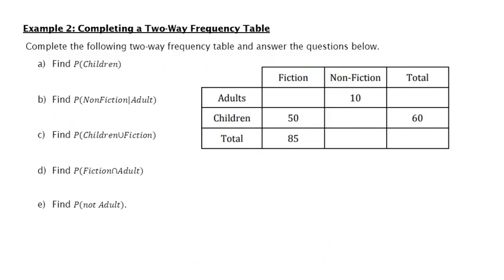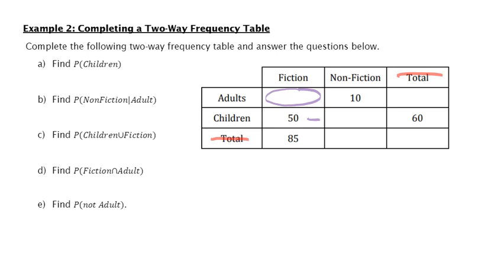For the next example, it's the same concept. We just have to fill in our different frequencies. So we have these joint frequencies that we're filling in now. And we know what our totals are, or part of our totals. So I know I have this total for the row and for the column. I don't know how many are in the entire sample yet, but we can just fill in the blanks. So I know that 50 plus some value for adults who chose fiction is 85.